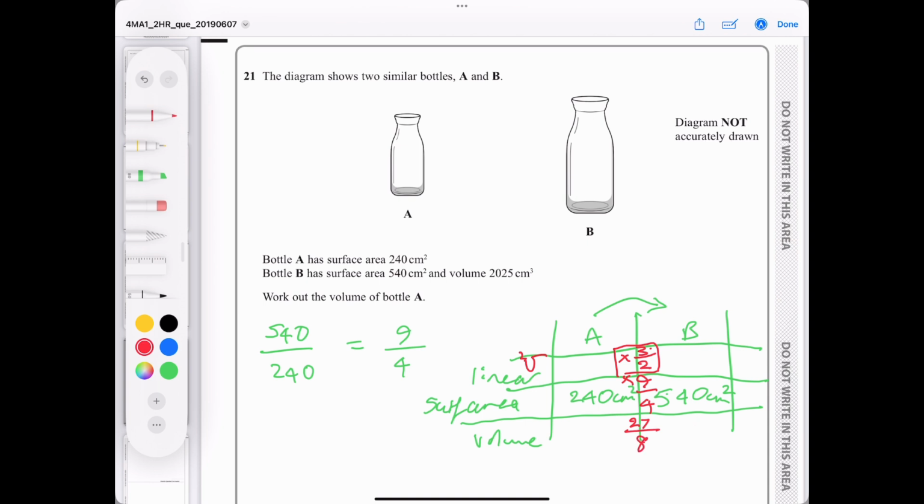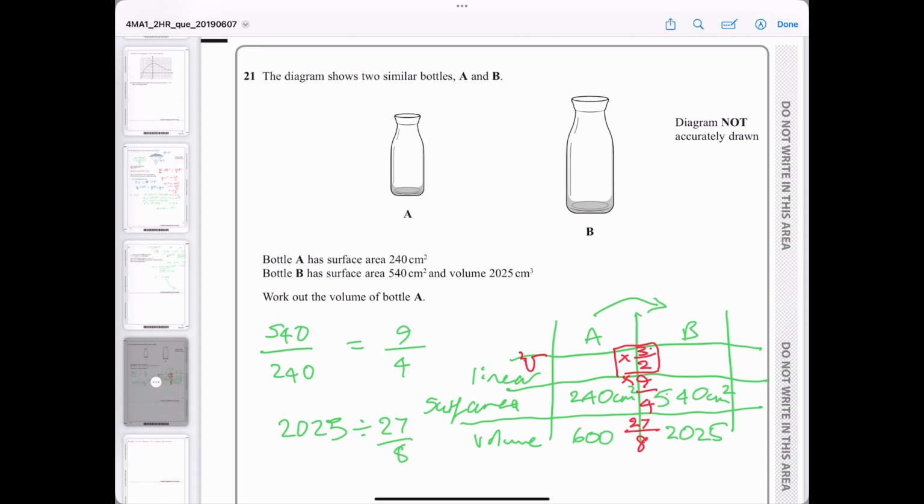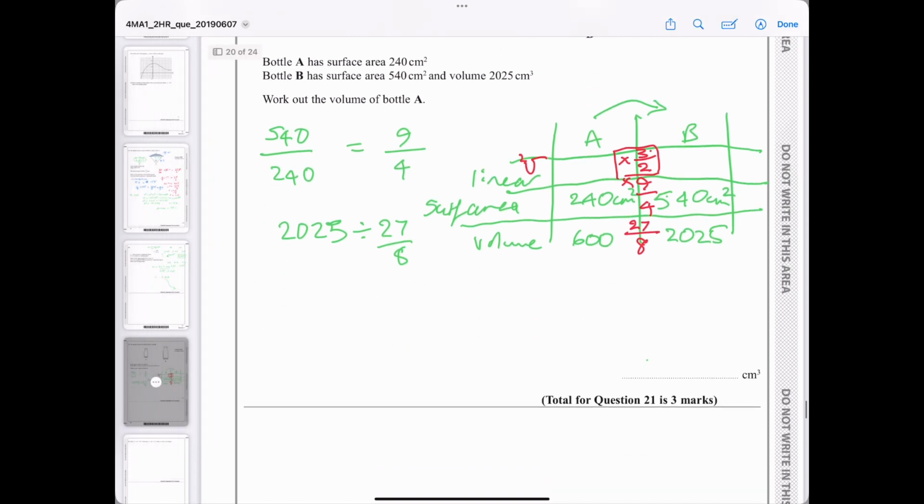So we know that we have 2025, and we're going to have to divide 2025 by 27 over 8, and that will give us the answer. So 2025 divided by 27 over 8 equals 600, which makes some sense. So that's 600 centimetres cubed.